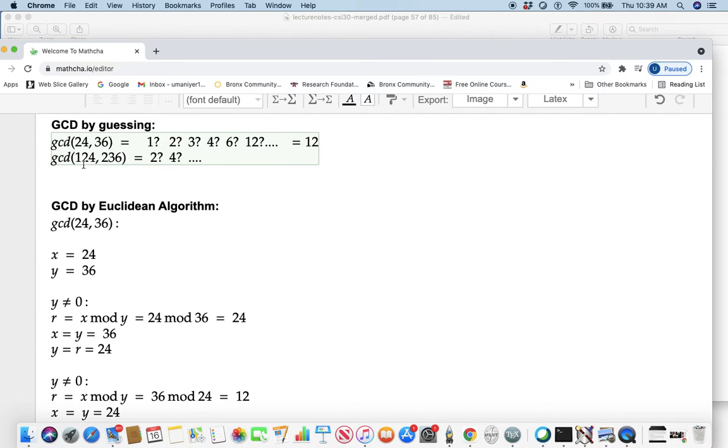What about GCD of 124 and 236? Well, I should always start with 1. Does 1 divide? Yes. Anything bigger than 1? 2? Yes. What about bigger than 2? Does 3 divide? 3 doesn't divide this number, so it won't be a common divisor.